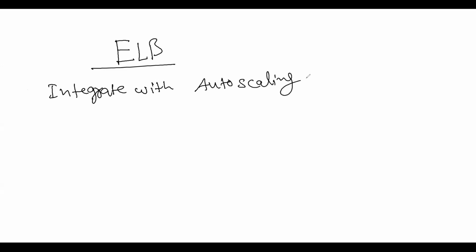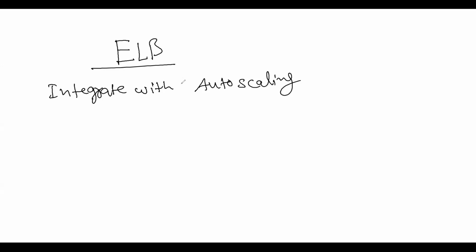Based on the demand or the situation, auto scaling can terminate one instance, create a new instance, and handle the load. One day Ranjita was asking whether it is possible to create instances automatically whenever there is a need, because we were doing vertical scaling for our EC2 instance. So now this ELB can be integrated with auto scaling.